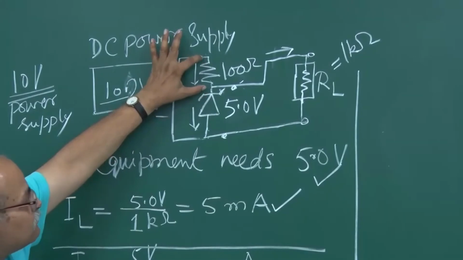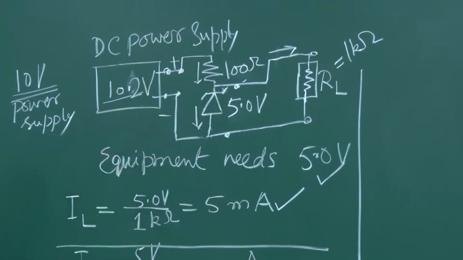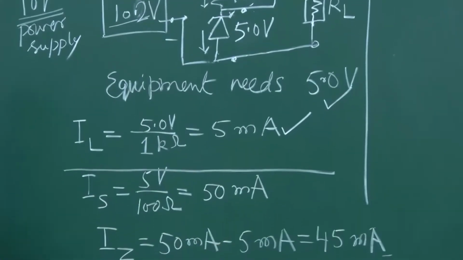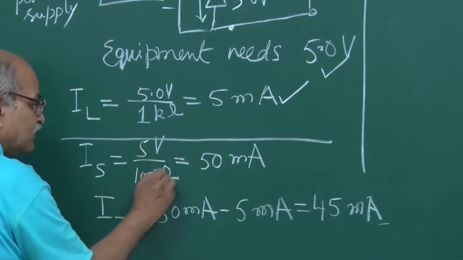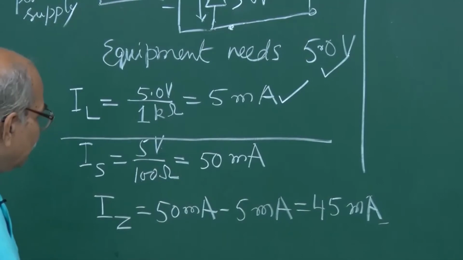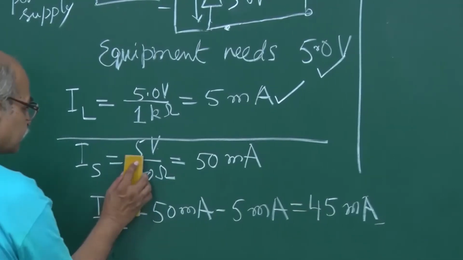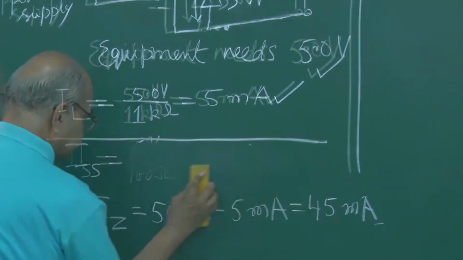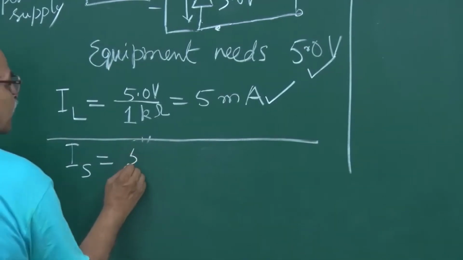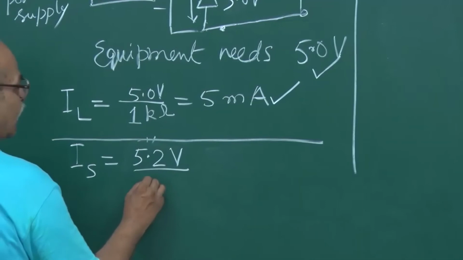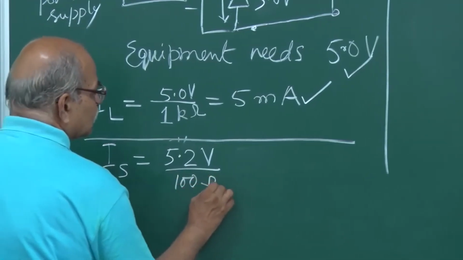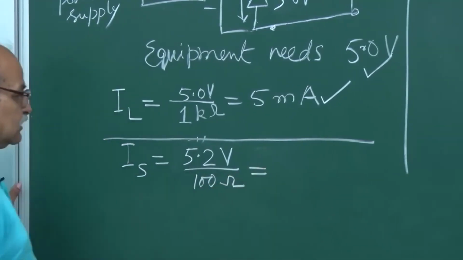Okay. And if this is 5.2, then the current IS is not 5 volt divided by this. It is 5.2 volt divided by 100 ohms. So what happens now?